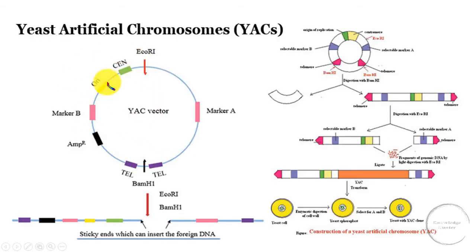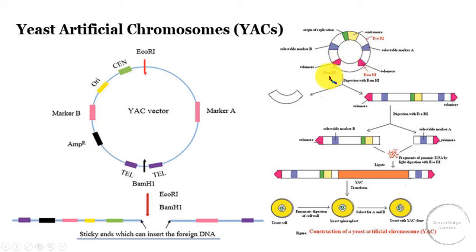Here is a circular YAC vector which has the potential to replicate inside E. coli, but it can't amplify inside yeast, because to amplify inside yeast it needs to be linearized, and to do that we need to treat this vector with BamHI, which can cut this vector at this side and this side.